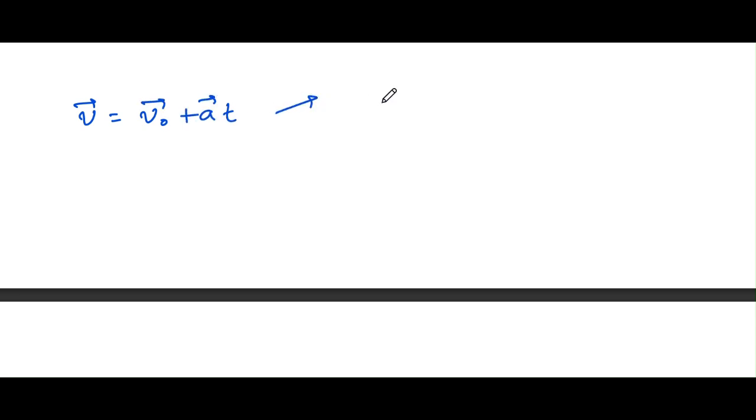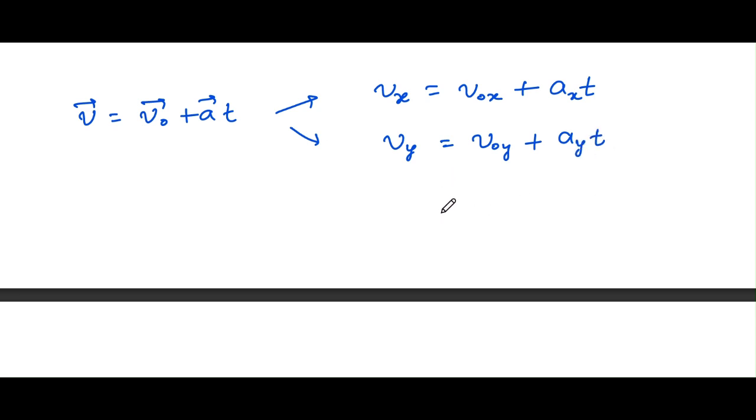So along x-axis, we can take x component of final velocity equals to x component of initial velocity plus acceleration along x axis, and the same way we can write for y axis also.